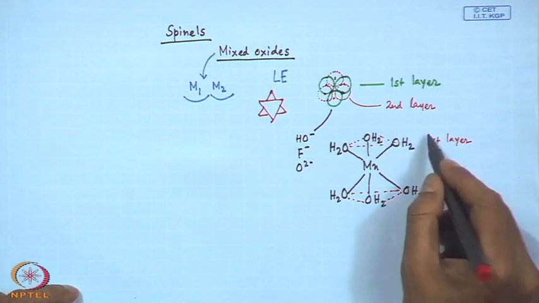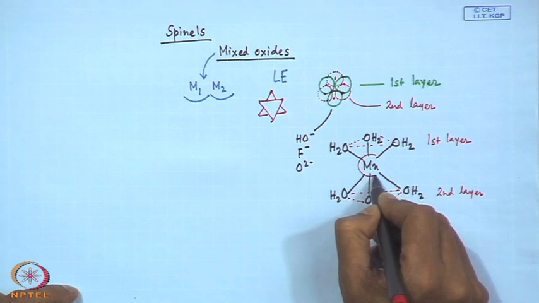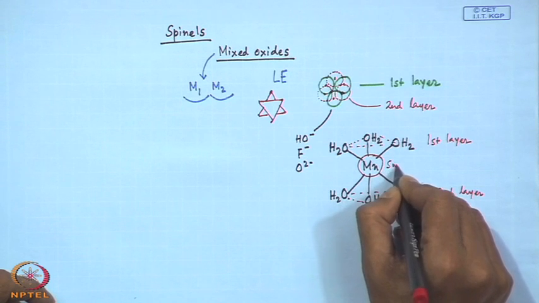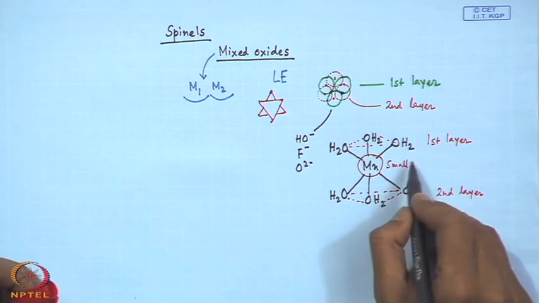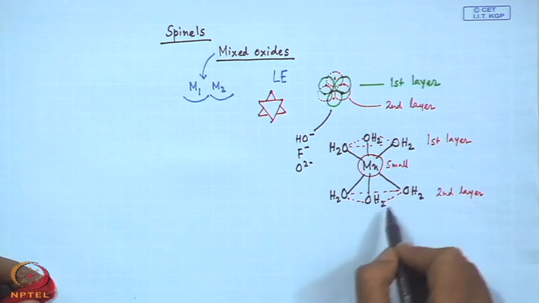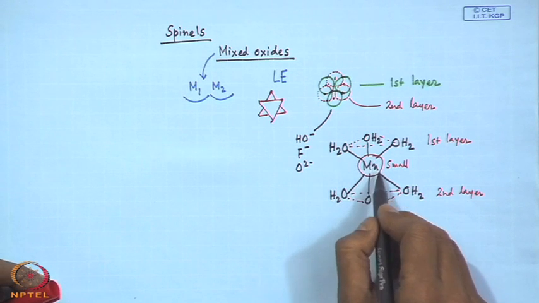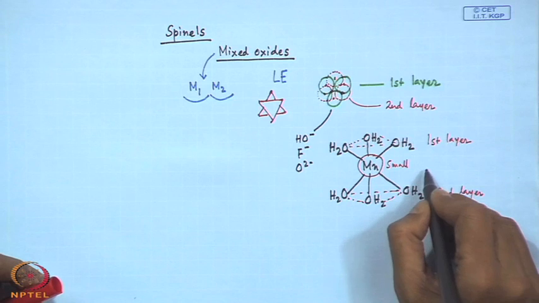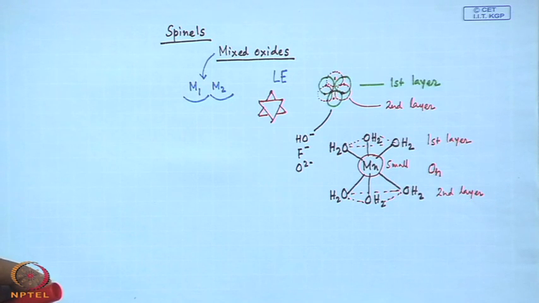If these 2 layers are sandwiching a small sphere, that means we have a sandwich structure of one layer and second layer. Between these 2 layers we have the trapped metal ion, which is a very small one and which is sitting nicely in an octahedral geometry.